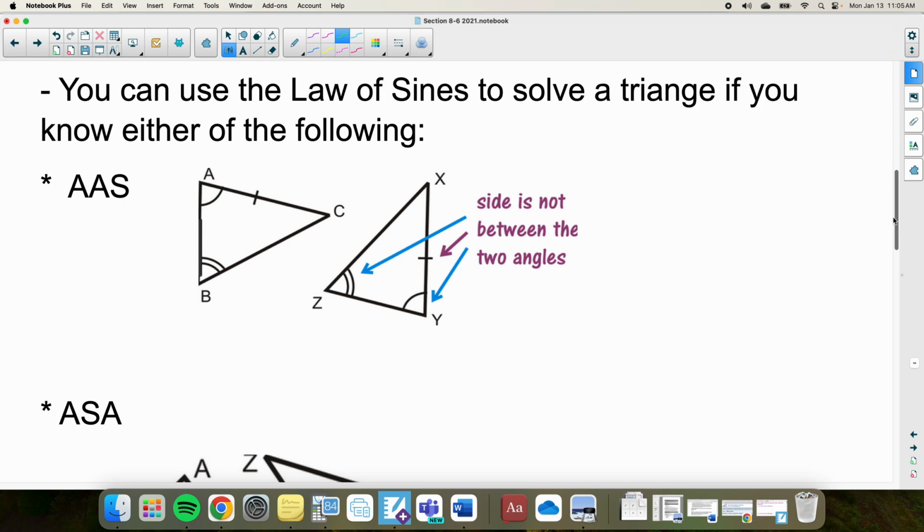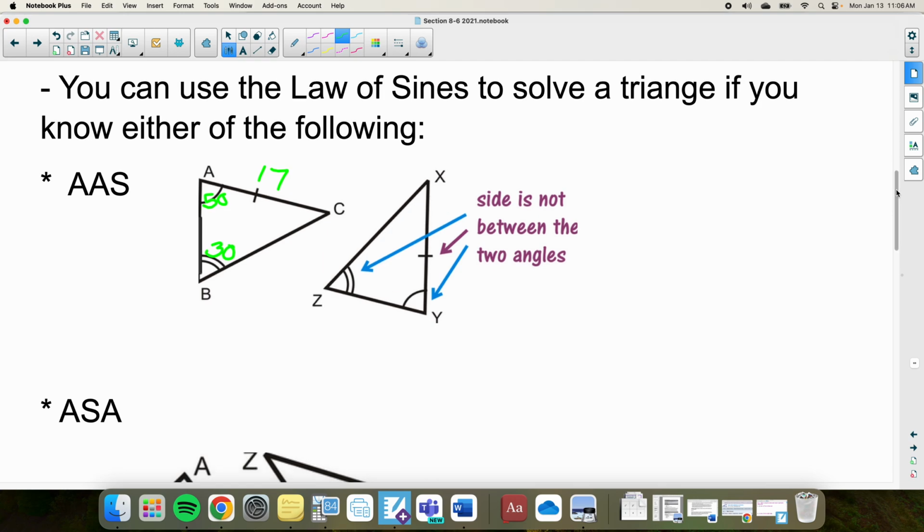So do you guys remember when we learned how to tell if triangles were congruent, and this was angle side? So let's say that they told you this was 30 degrees, this was 50 degrees, and this side was 17. That's angle side, and then you can use law of sines.